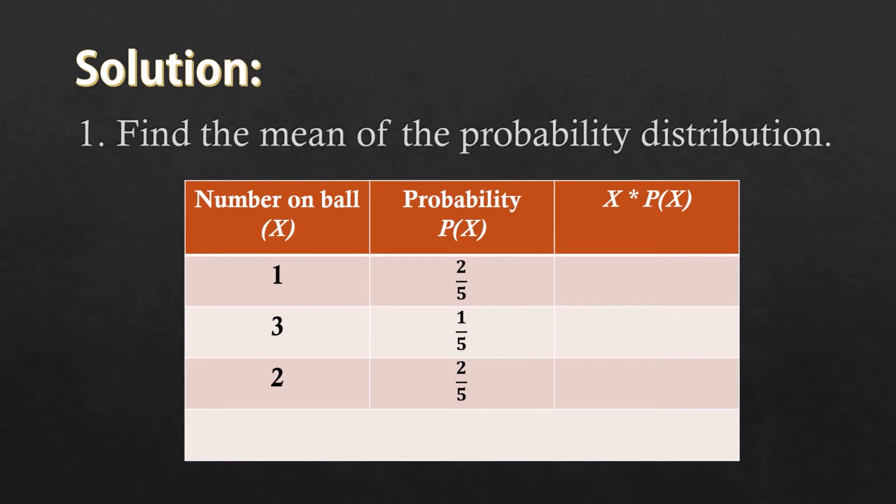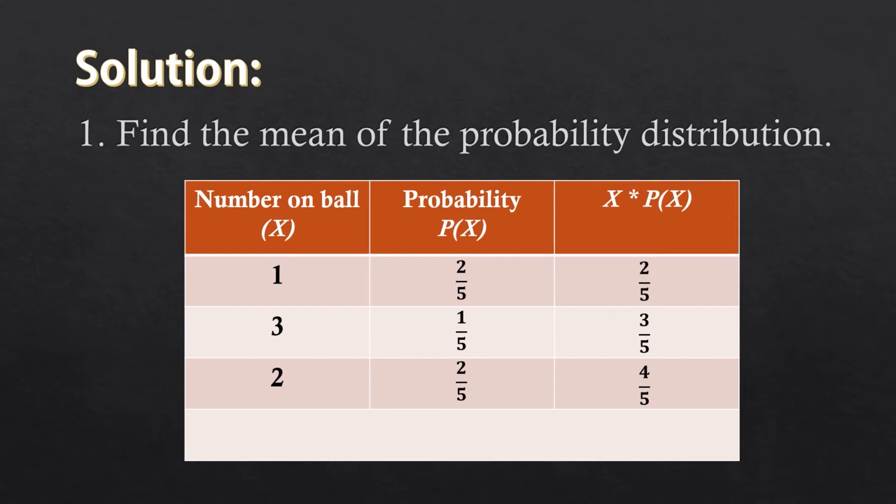Now let's get the product of the random variable values and their probabilities to find the mean. 1 multiplied by 2 over 5 is 2/5. 3 multiplied by 1 over 5 is 3/5. And lastly, 2 multiplied by 2 over 5 is 4/5.